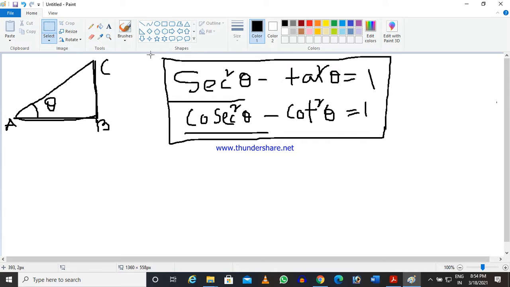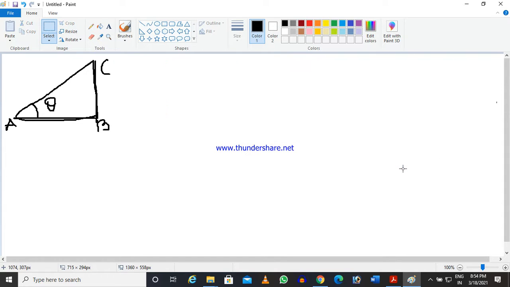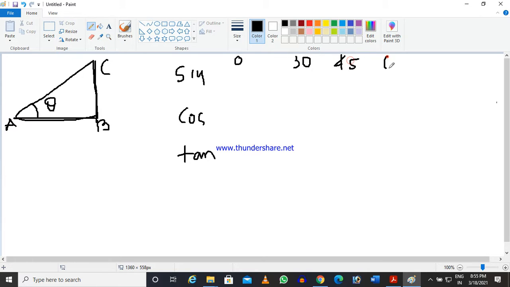Now we will remember a few standard sine, cos and tan values. So here it is sine, this is cos and tan. Then you can find out the cot, opposite of tan, and cosec, opposite of sine, sec, opposite of cos, all these things. First is 0, then 30, then 45, then 60, then 90.